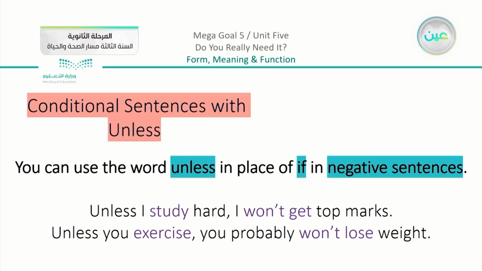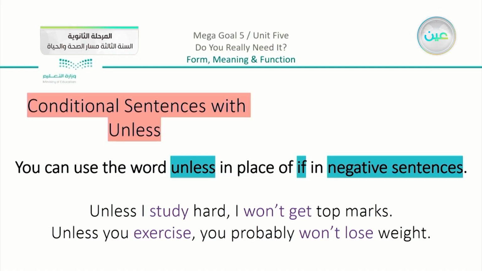Now we have our examples. Unless I study hard, I won't get top marks. I will not, or I won't, which is the negative form of will not. And the second one, unless you exercise, you probably won't lose weight. Now you can see that also we have the negative in the second sentence.